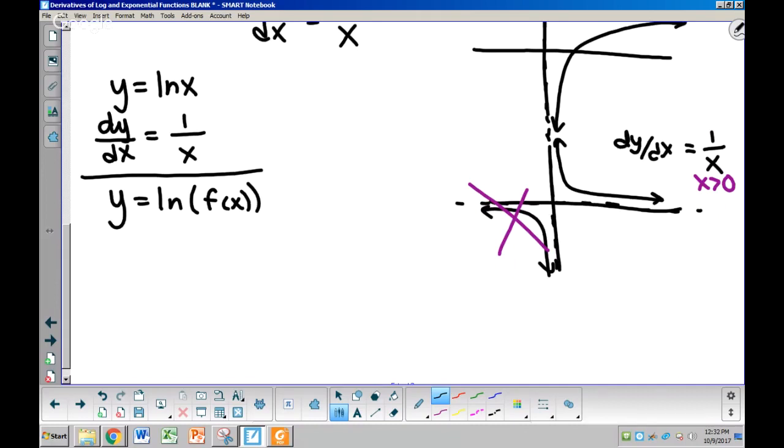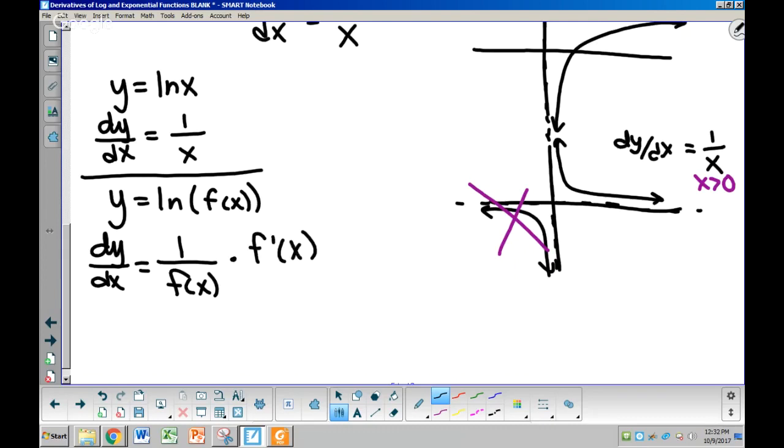Natural log of x. The inside is f of x, so it's a composite. And so the derivative of a composite using the chain rule is going to be: what's the derivative of the outside function? 1 over x, keeping the argument, so it's 1 over f of x times the derivative of the inside, which is f prime of x.